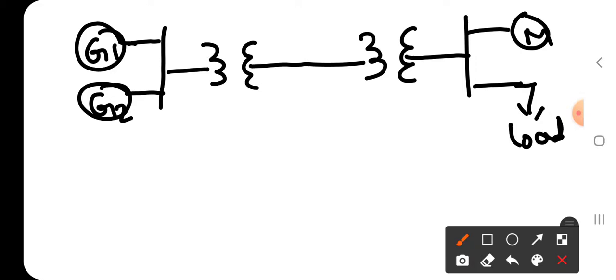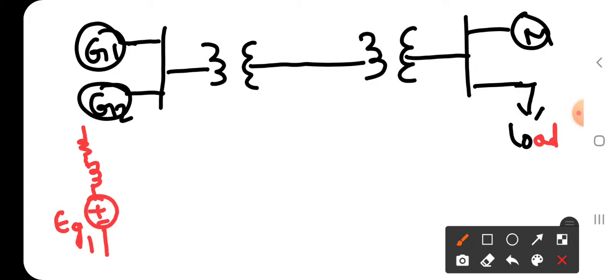The generator can be replaced by generator resistance, generator reactance, and the voltage generated by generator 1, EG1.